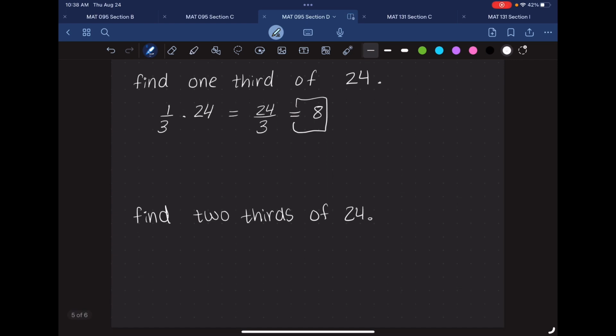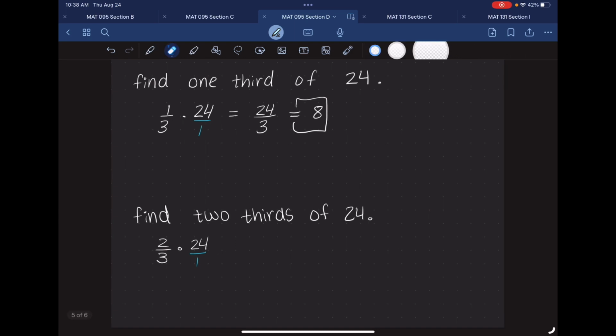Now suppose you wanted to find 2/3 of 24. We play the same game, except instead of multiplying by 1/3, I can multiply by 2/3. Keep in mind, I didn't write this in the last one, but when you're multiplying fractions, you can imagine 24 as 24 over 1 and multiply across the numerator and the denominator.